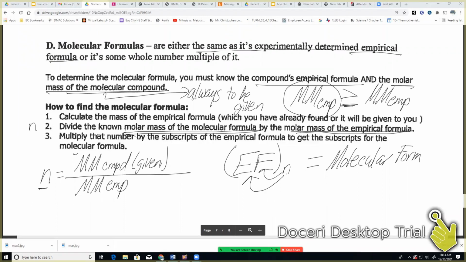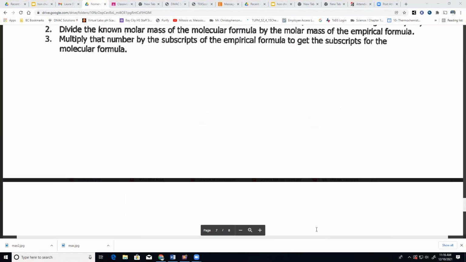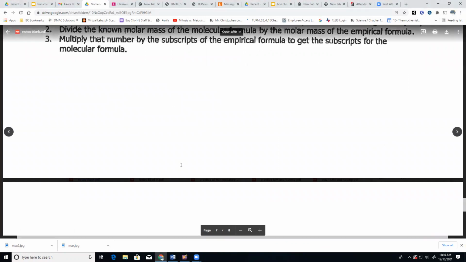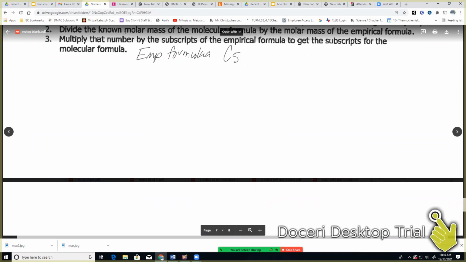All right, so let's look at one of those. It's not as bad when you actually work one out and have to see all those words. All right, I'm going to do it down here at the bottom of this. We had just figured out the empirical formula for nicotine up above. So we have our empirical formula was C5H7N.